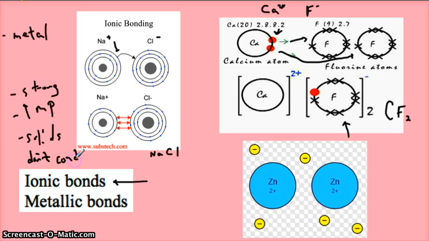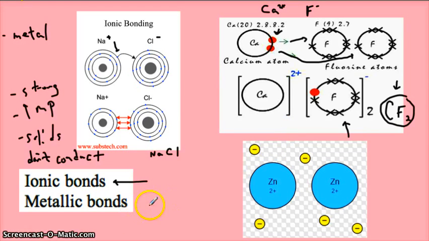If you think about it, to conduct electricity, you normally have to have some kind of charge. Whenever all these things bond, they suddenly do not have a charge anymore. The +2 and the two negatives cancel themselves out. So whenever calcium fluoride is bonded together, it's not conducting electricity. However, whenever they are melted, they do conduct electricity.